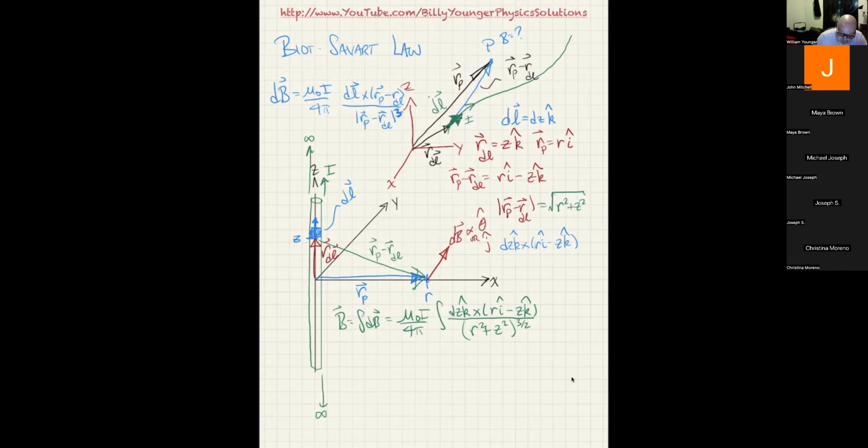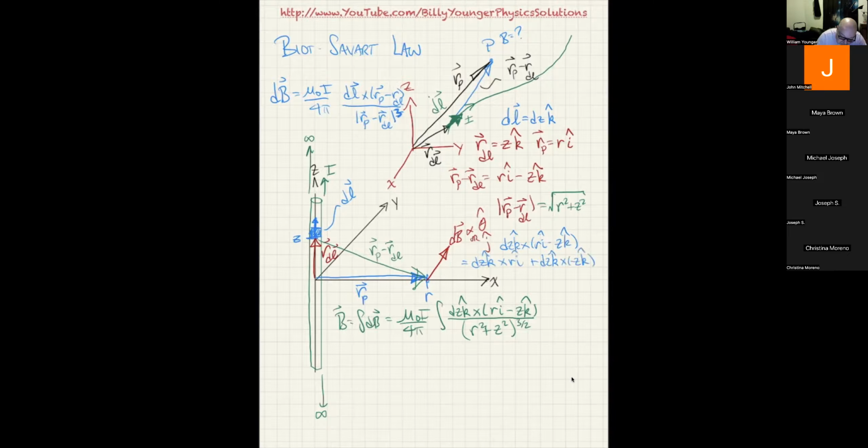So I'm going to take the time and do this one bit by bit. So for starters, I can go ahead and call this equal to dz k hat crossed with r i hat, and then I can say plus dz k hat crossed with negative z k hat.